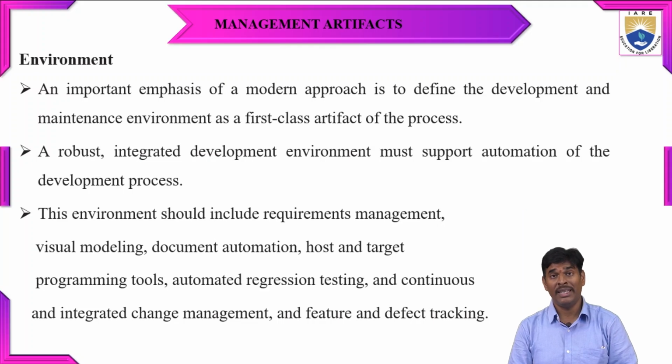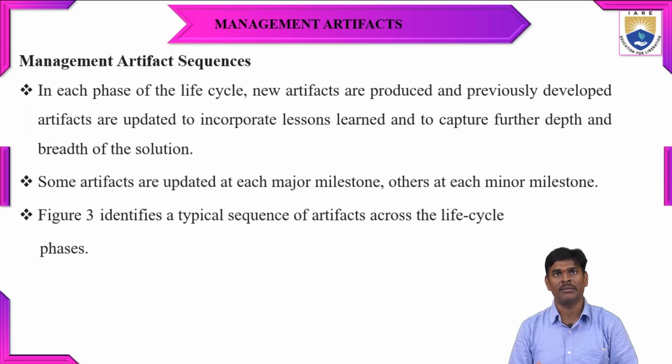The environment may also have requirements management, visual modeling, document automation, host and target programming tools, automated regression testing, continuous and integrated change management, and finally feature and defect tracking. These are the things that will happen in the environment.